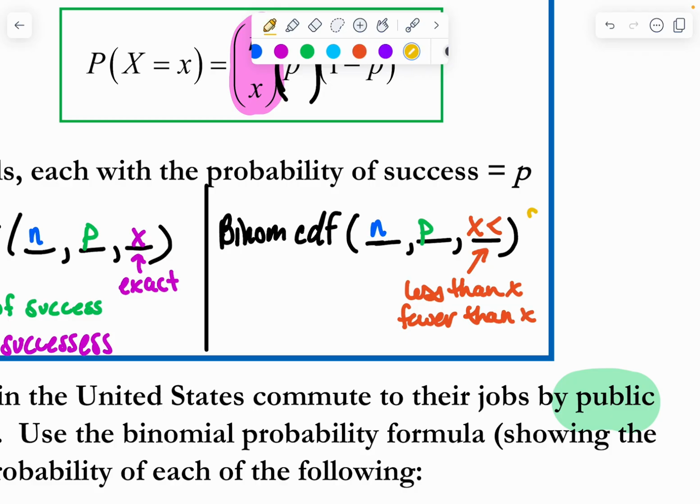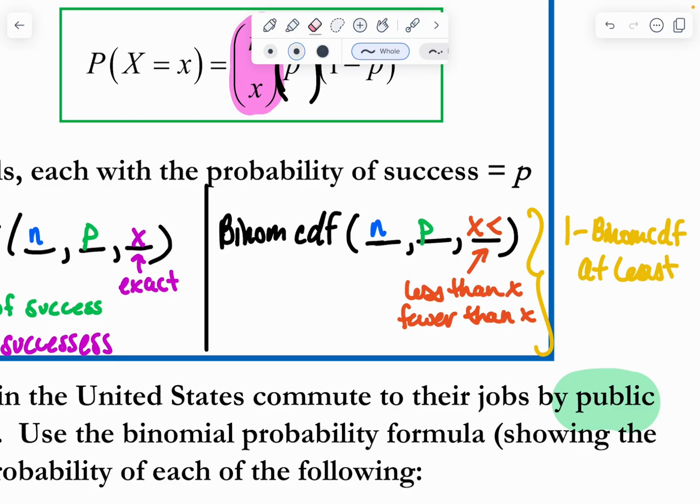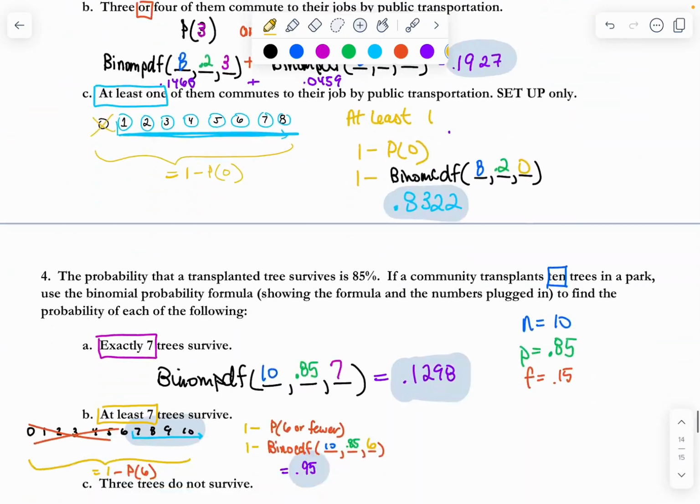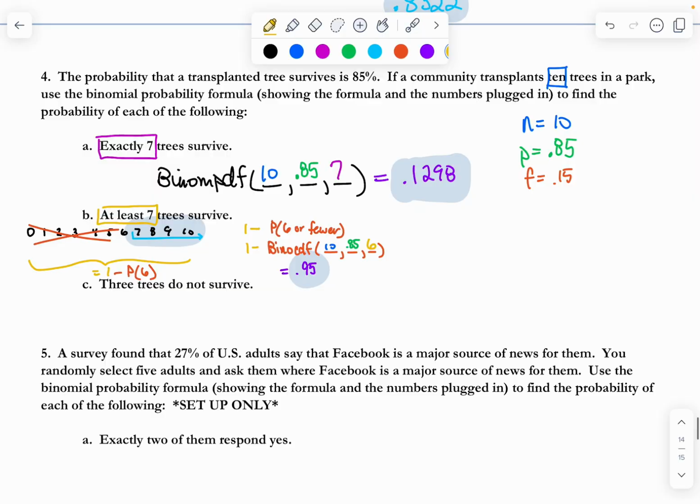We use 1 minus binom CDF for at least. So this is the strategy we use when we see the probability of at least something. Okay, so we're just summarizing our strategies up here. Feel free to pause and rewind, do whatever you need to do to get that.